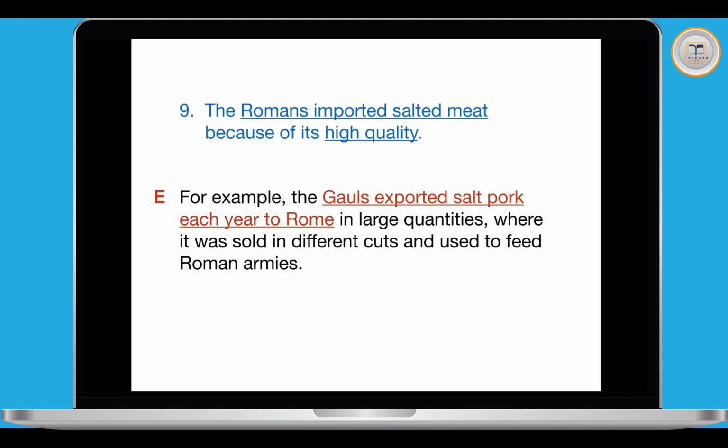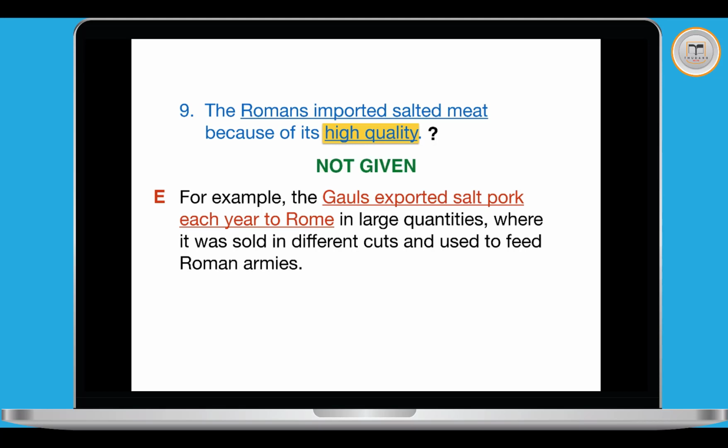We've got the Gauls exported salt pork each year to Rome. So if the Gauls exported salt pork to Rome, that means the Romans did import salted meat, salt pork. But is there any information about the high quality? The answer is no. Again, we don't know whether it's because of high quality or for other reasons. We have to put not given.